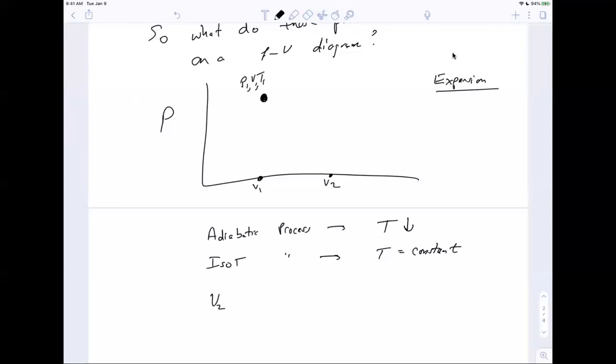We have two volumes V2 because we have an adiabatic process and an isothermal process, and these two processes are different. In one case, temperature falls, in the other case, temperature is constant. So what would V2 adiabatic be in terms of magnitude compared to V2 isothermal? Does anyone want to hazard a guess, knowing what you know about this?